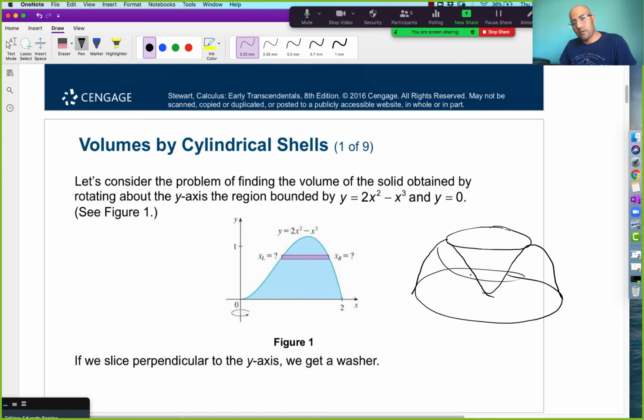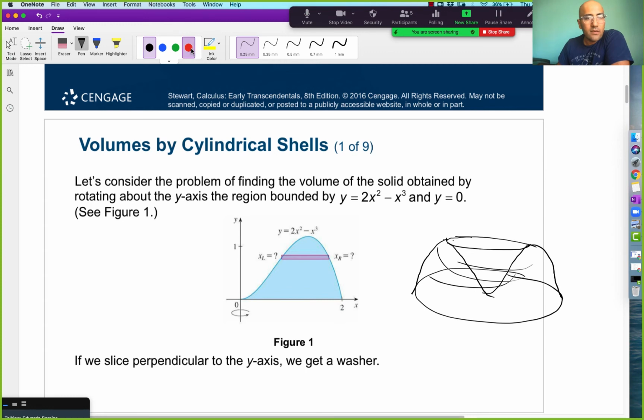Anyway, okay, so it's kind of like a bundt cake, if you know what a bundt cake looks like. This is not very good at all. So, kind of like that, I guess. So there's like a hole in the center here. Something like that.